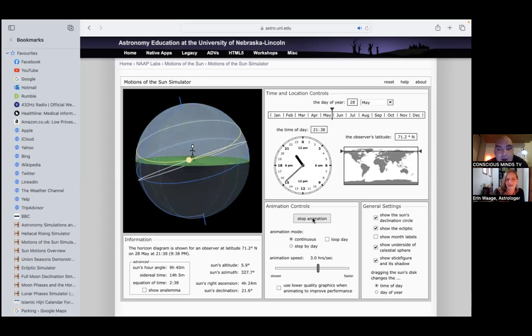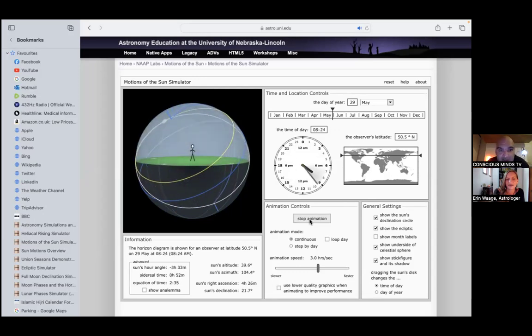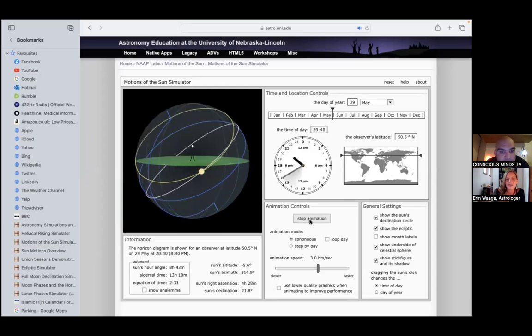But now, if I stop it and change it to the UK latitude, it does go below the horizon. It will set. You can see that now it's day and then it's dark.